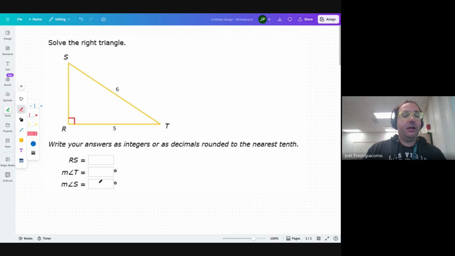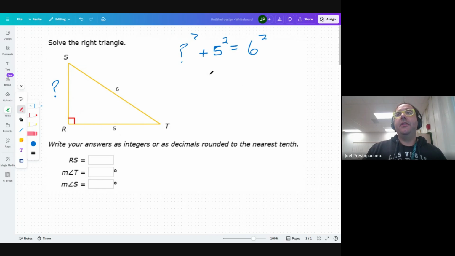Again, you could do this in some different ways if you want, but I think that this way gives us the most options. So I'm going to label this SR side question mark, and we can use the Pythagorean theorem to figure out the missing piece. So we're going to have our missing side squared plus 5 squared is equal to 6 squared.